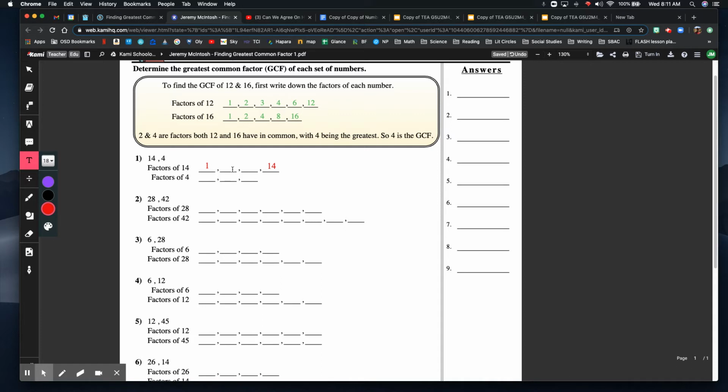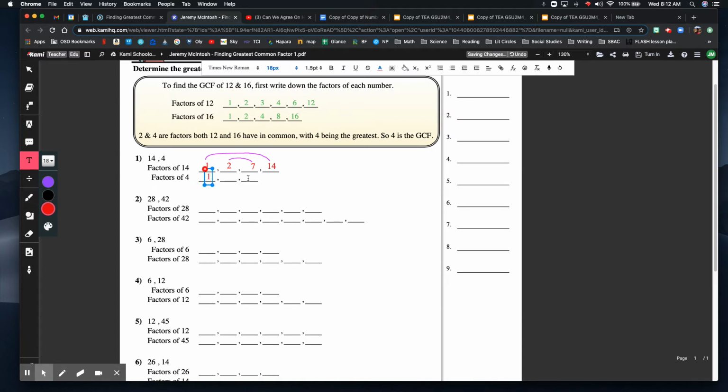Since 14 is an even number, I know that we can multiply it by 2. 2 times 7 is 14. So those are the factors of 14: 1, 2, 7, and 14. Now the factor pairs, which I will do in a different color, are 1 times 14 and 2 times 7.